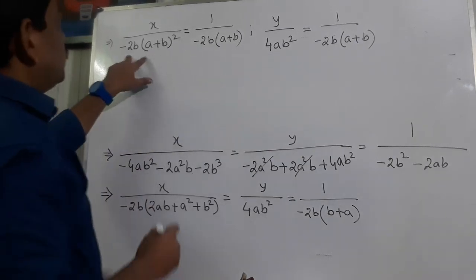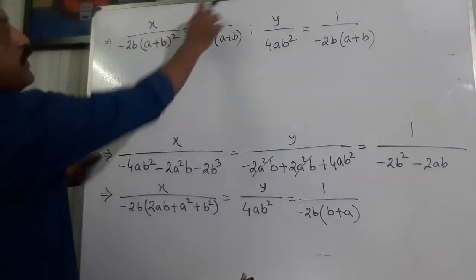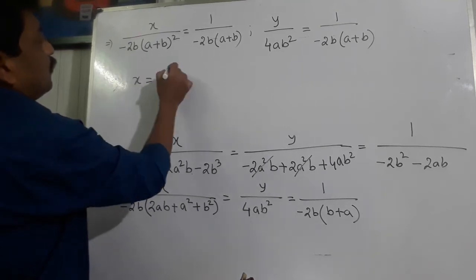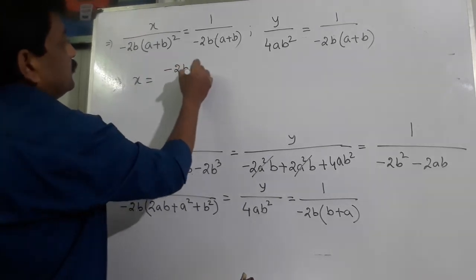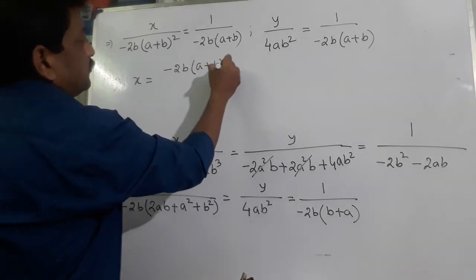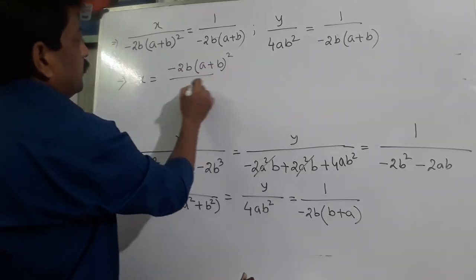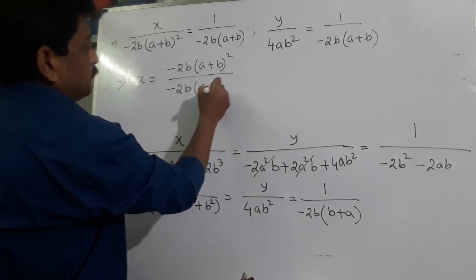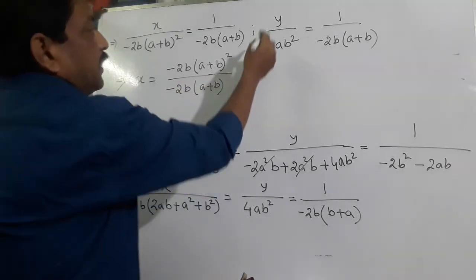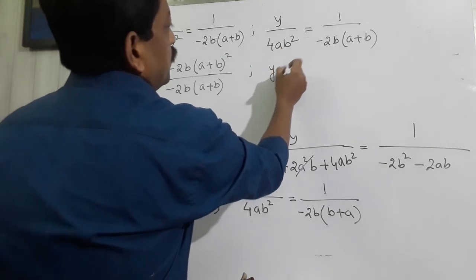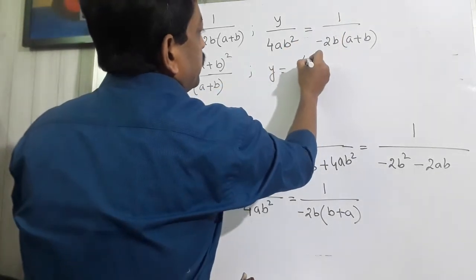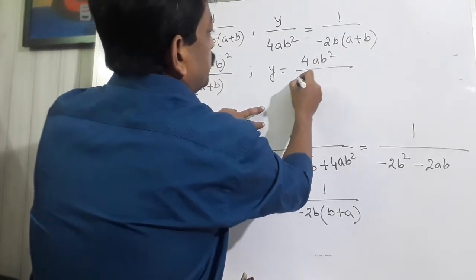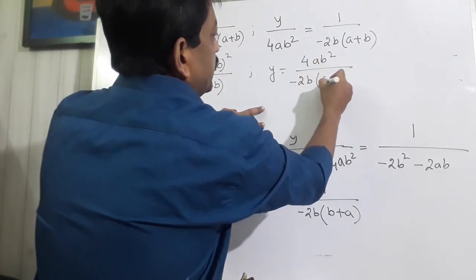Now by cross multiplication, this denominator will become numerator that side. So x equals to minus 2b a plus b whole square by minus 2b a plus b, and here y equals to 4ab square will become numerator, 4ab square by minus 2b a plus b.